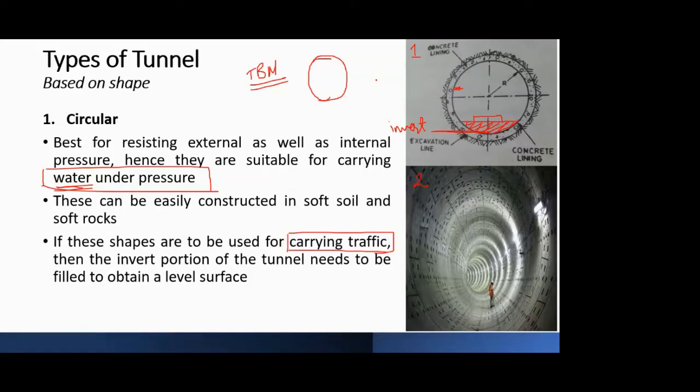So whenever you have a huge quantum of tunneling, though you are going to use that tunnel for road or railways, for excavation purposes this TBM is deployed, so it will cut by default in circular shape. So in that case, you have to be sure that you are getting the sufficient diameter for utilization. So that's the circular tunnel.